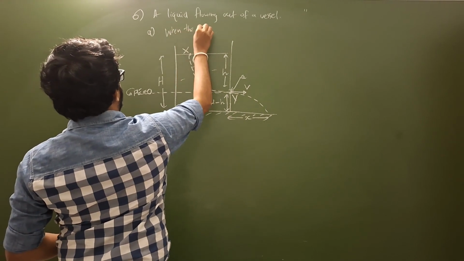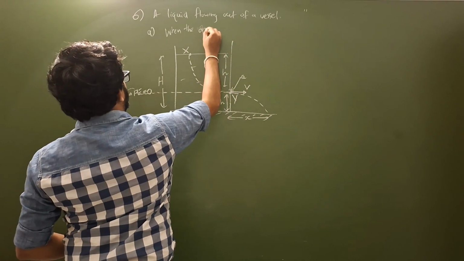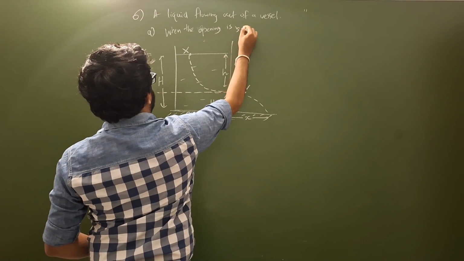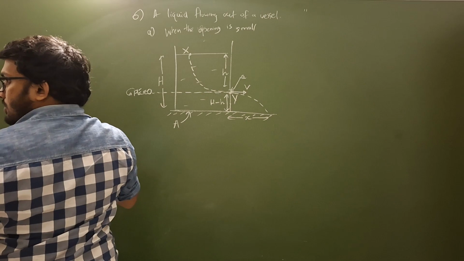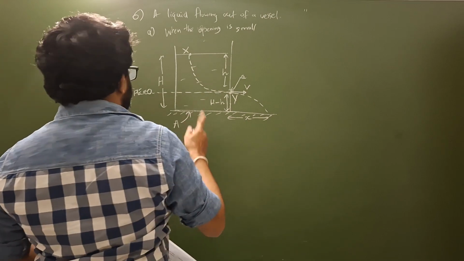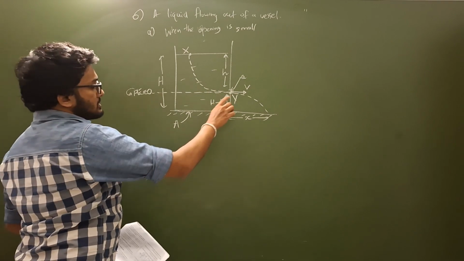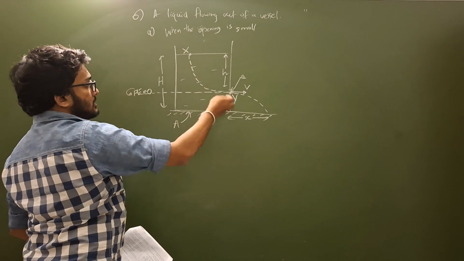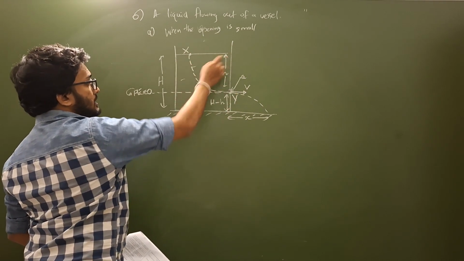When this opening is small, if we consider velocities at this point and this point, this is a very small hole when compared to the base area.